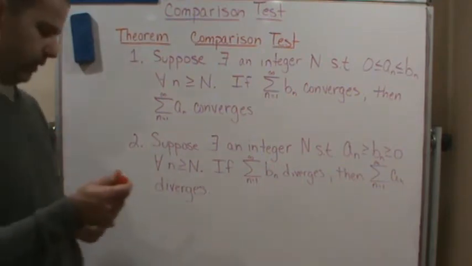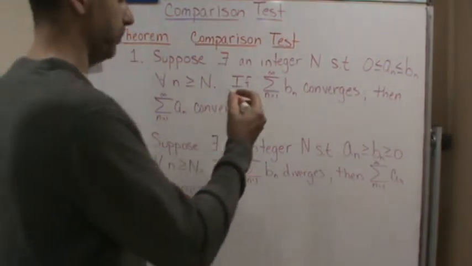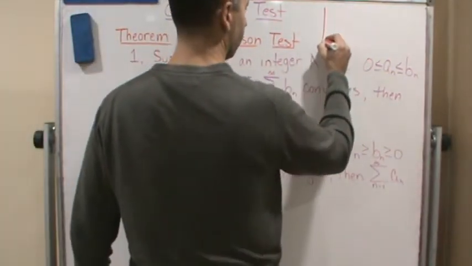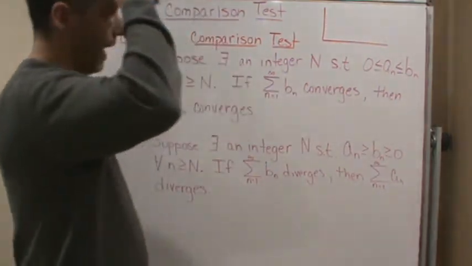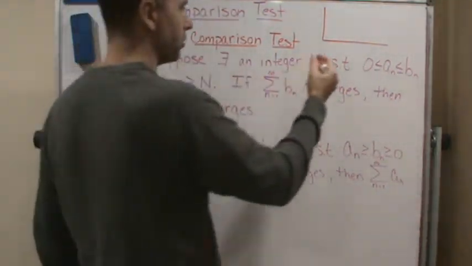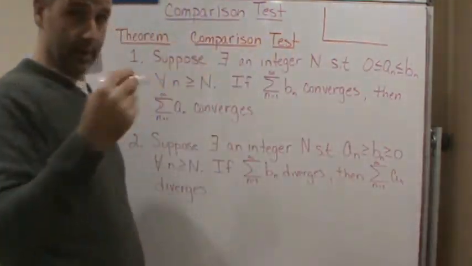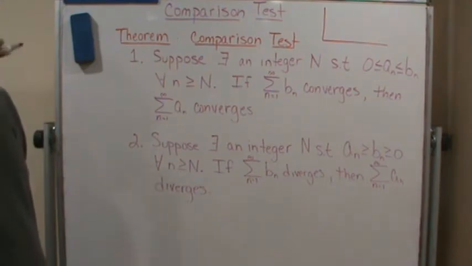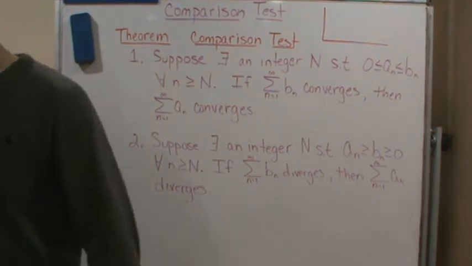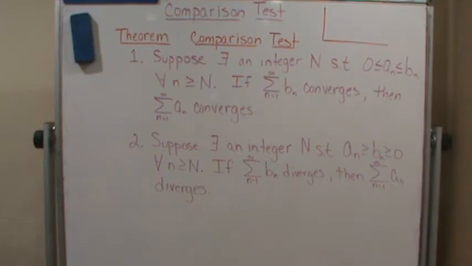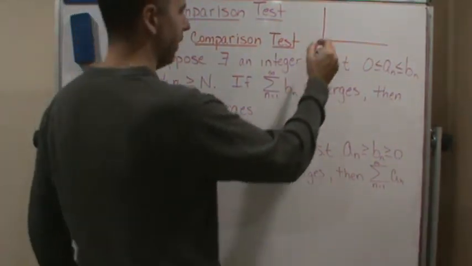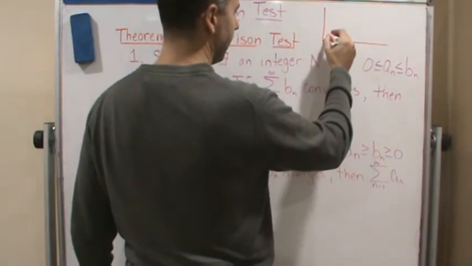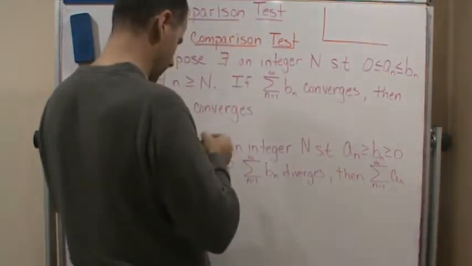Because look at it this way. If I have a graph, and I have, let's say, partial sums, and I'm plotting the partial sums. Let me do different colors here.